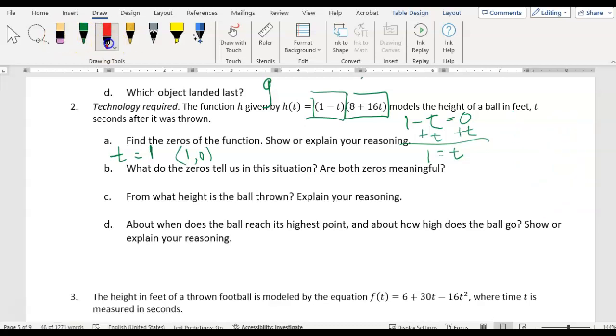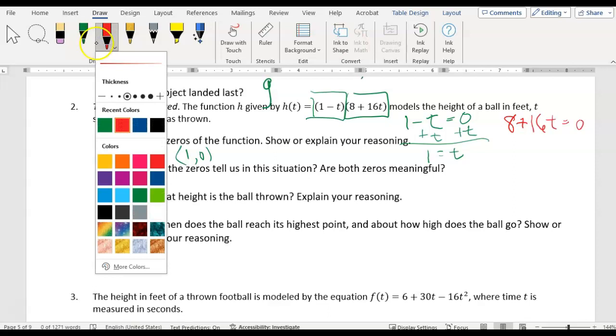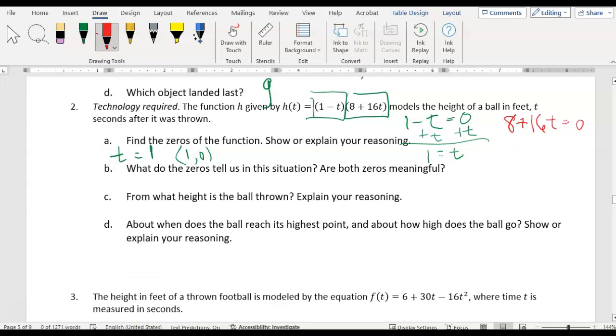The other zero, I'm going to write this in a different color, is 8 plus 16t equals 0. Now this is written in the opposite way that we typically look at it. We would normally look at this as mx plus b, so we would normally have 16t plus 8. You can rewrite it like that, but what you want to recognize is that this 8 is being added.